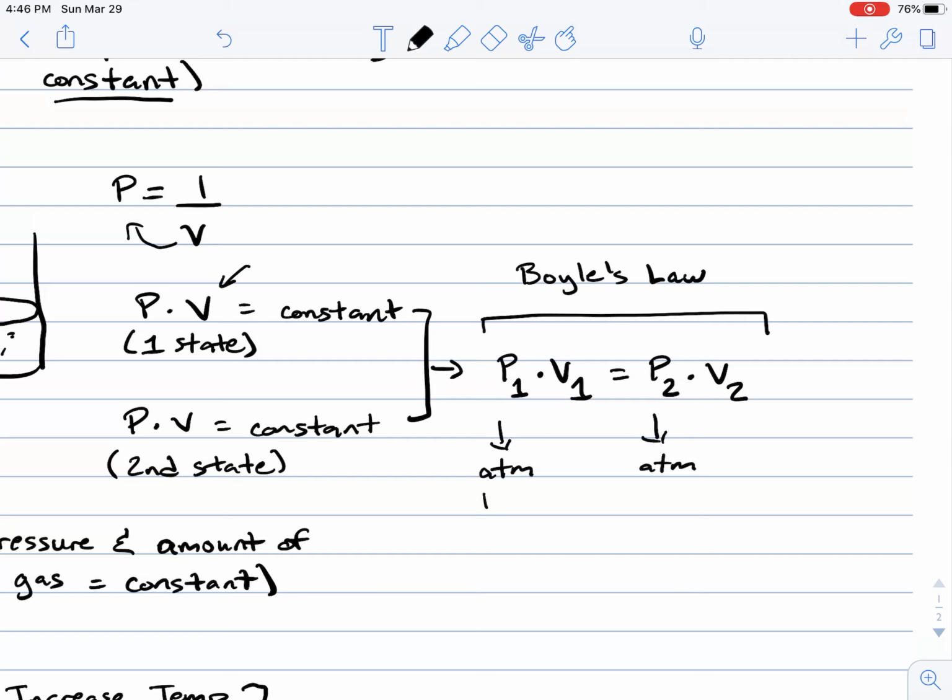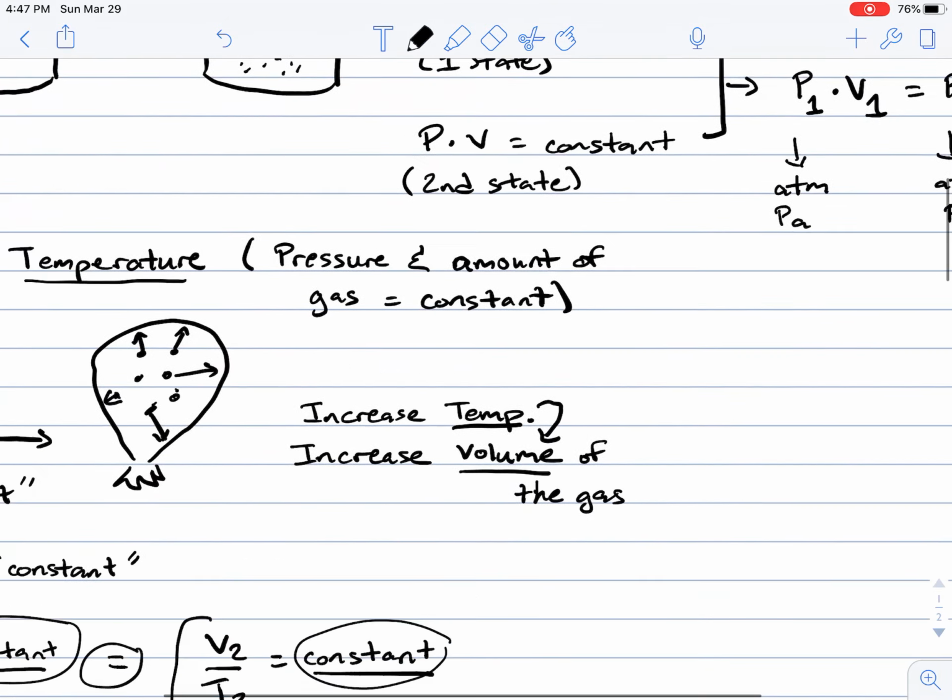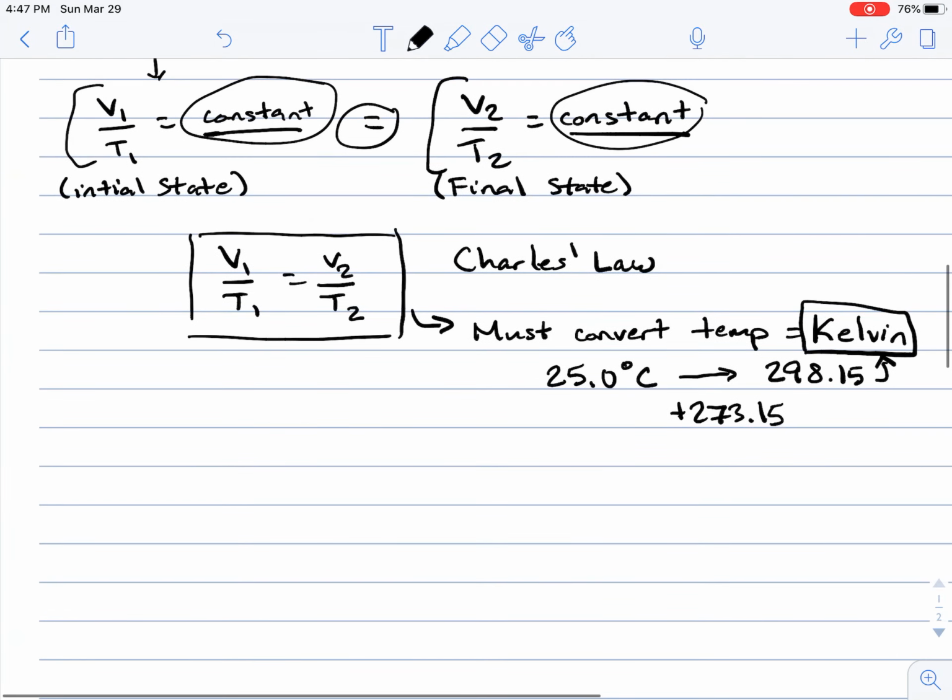However, if P1 is in Pascal units, P2 can also be in Pascal units. You don't necessarily need to change everything into atmospheres. Just make sure that the units for pressure and volume are the same on both sides. Cool. So that pretty much sums up what we discussed in lecture 2 weeks ago.